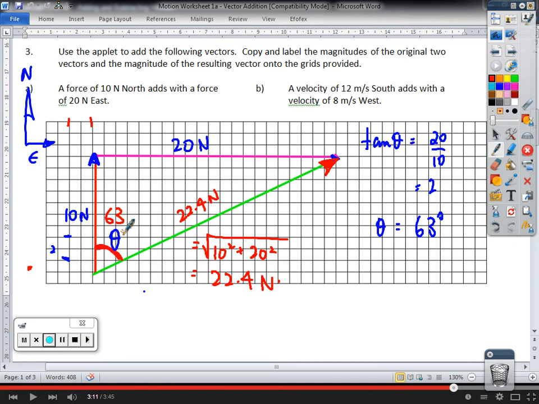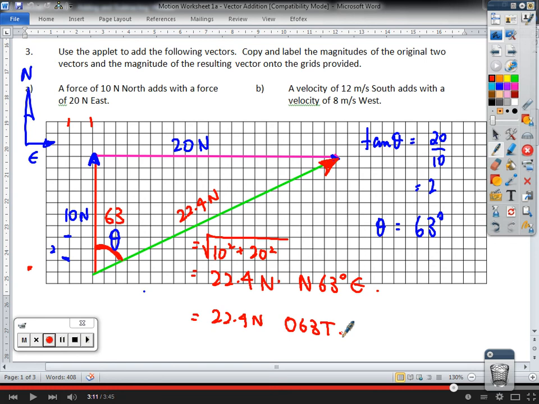So we can now refer to it as north 63 degrees east. Or if you liked true bearing, you could have said that the force is 22.4 newtons at 063 true. Are you okay with that?